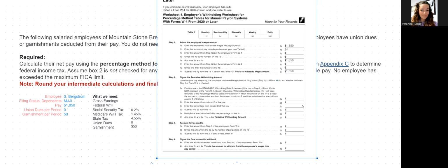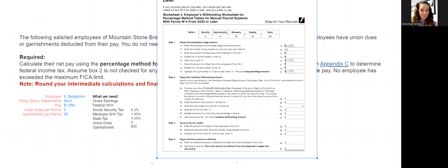So the next thing that we need to determine is what the tentative withholding is going to be. This is where we're going to have to use our appendix again. Let me see if I can find the page so I can screenshot it. What we're looking for is the 2022 percentage method tables for manual systems.